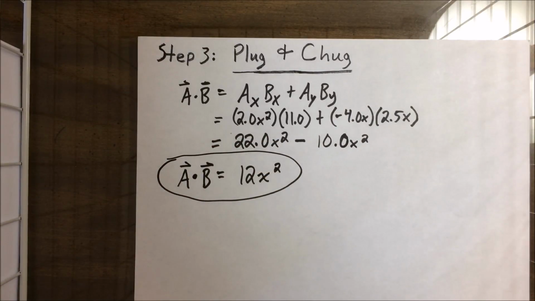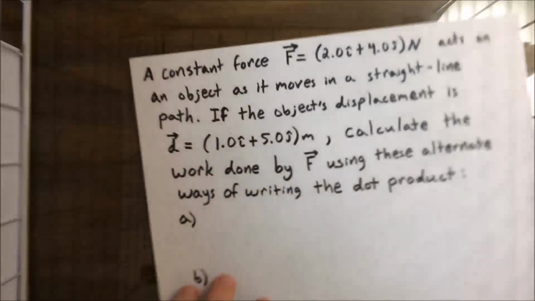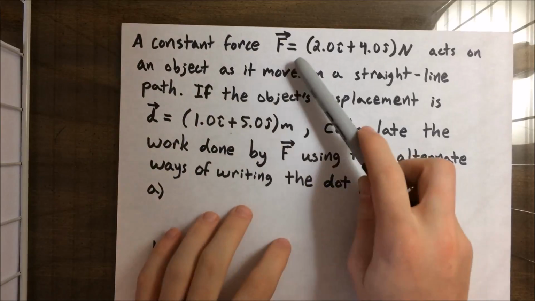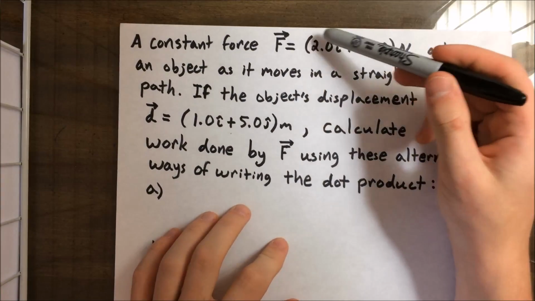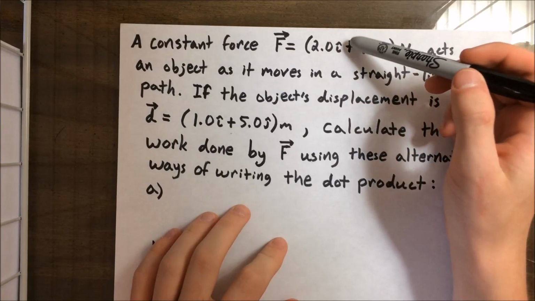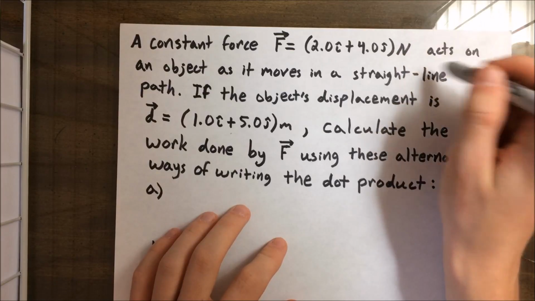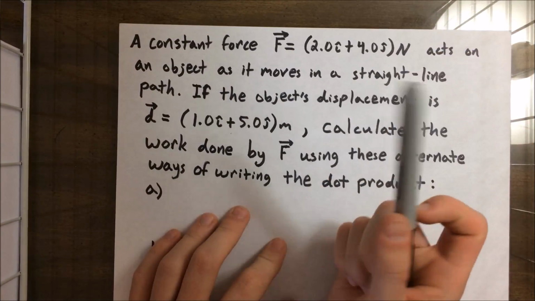Okay, so now let's do an example with work. In this example, we are going to use this. A constant force F is equal to the value 2.0 i hat plus 4.0 j hat, in Newtons, and it acts on an object as it moves in a straight line path.